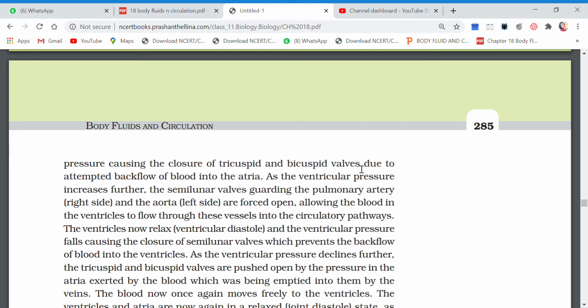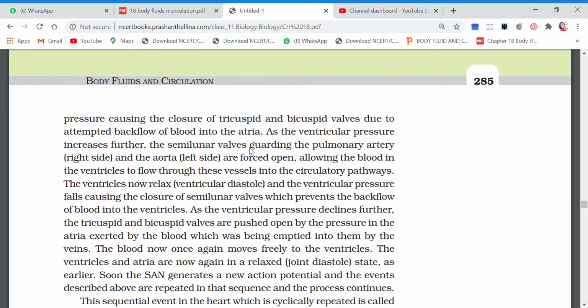Now just imagine a ventricle to be a room which is closed from all sides and it is full of blood. So what will happen? The pressure inside the ventricles will increase, and due to that pressure the flaps of tricuspid and bicuspid valves will close the valves and prevent the backflow of the blood into the auricles.